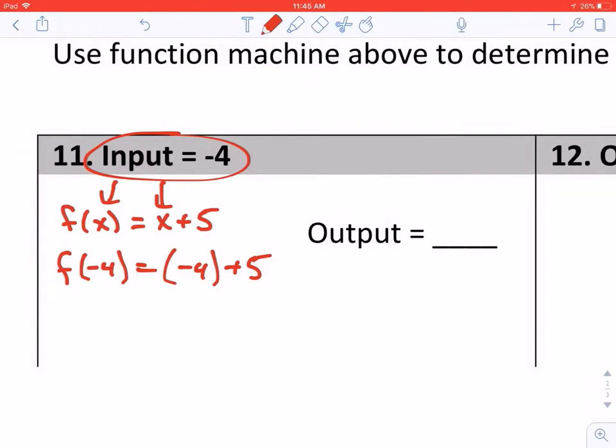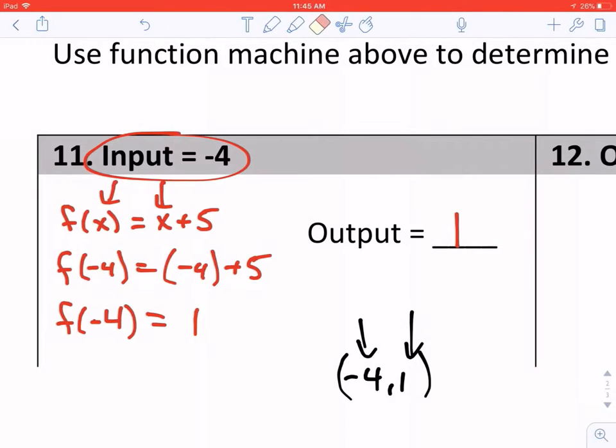When you substitute, use parentheses. Therefore, f of -4 is 1. The output is 1. If you wanted to go a little crazier, sometimes I go a little crazy, you could write the ordered pair, -4, 1, input, output. Answering the question, though, you just have to say output is 1.